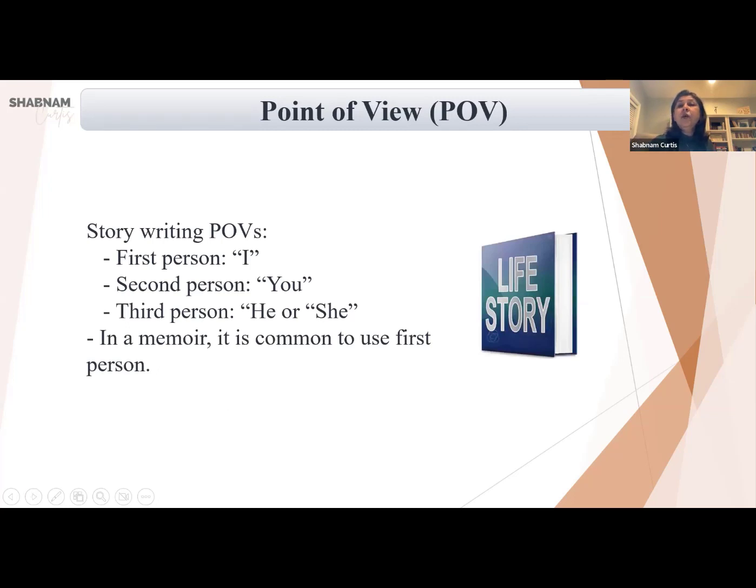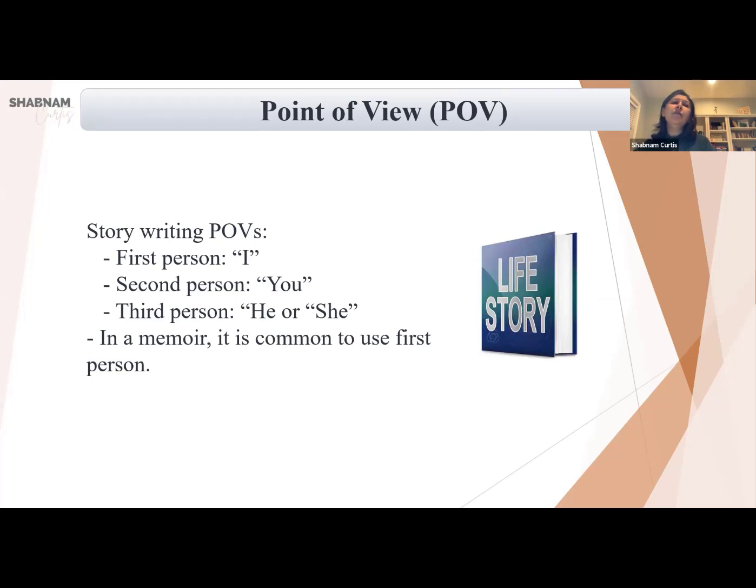The point of view is another literary tool that we usually use. Most memoirists like to use I, the first person standpoint, and you are telling your story about yourself.